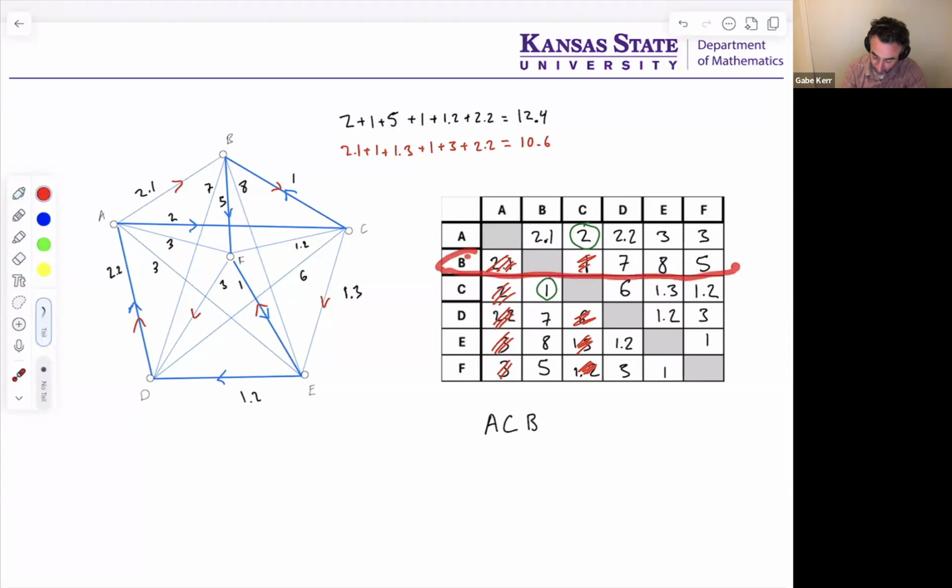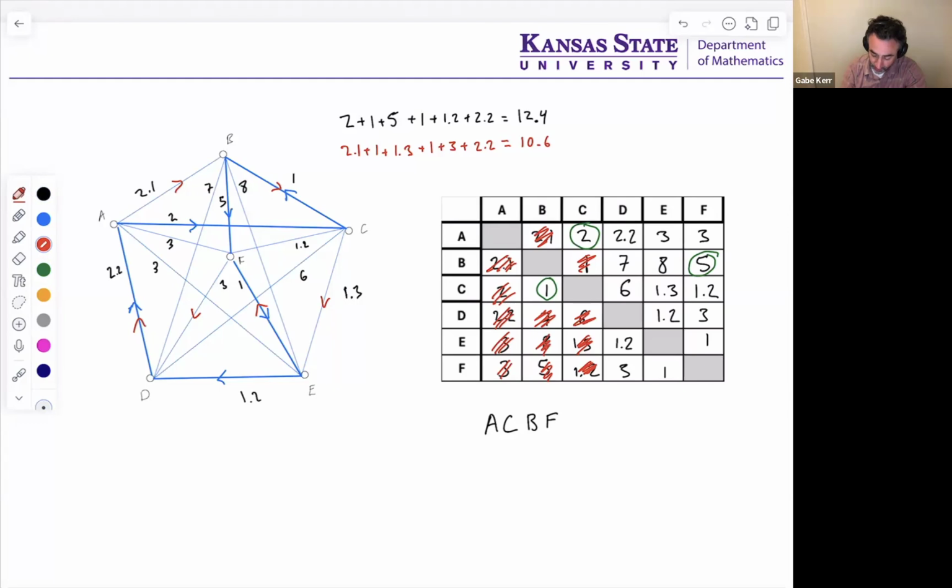Looking at the row of B, again, we don't want to return to A or C because we've already been there. So we find the smallest value, and F is the smallest value. So we'll go ahead and circle F, and I'll write down F as the next point. And again, I'm going to get rid of these guys.